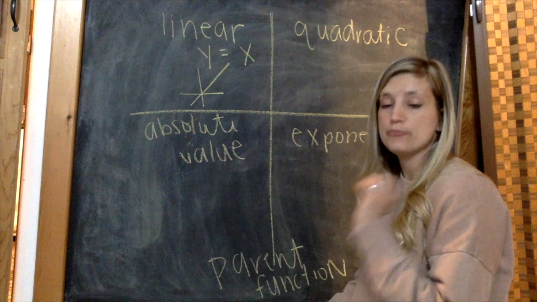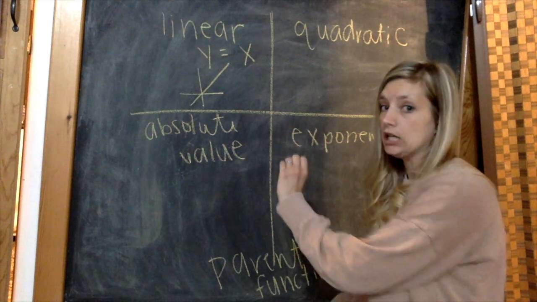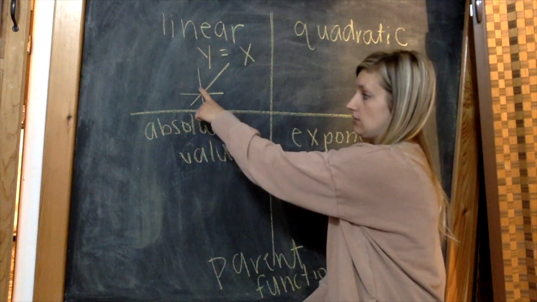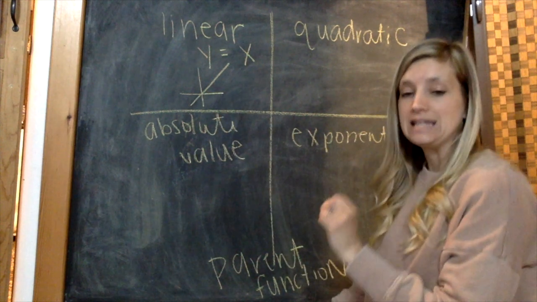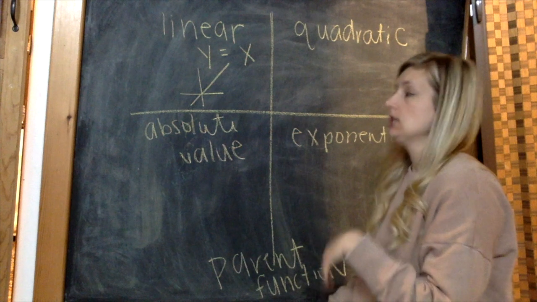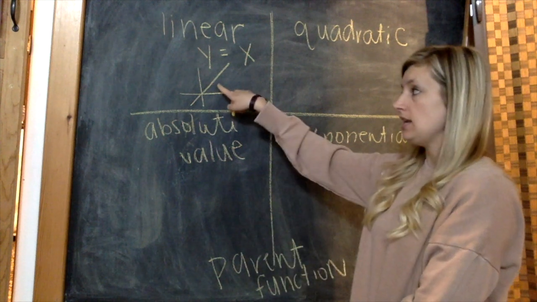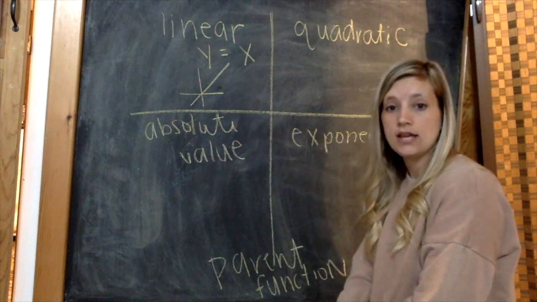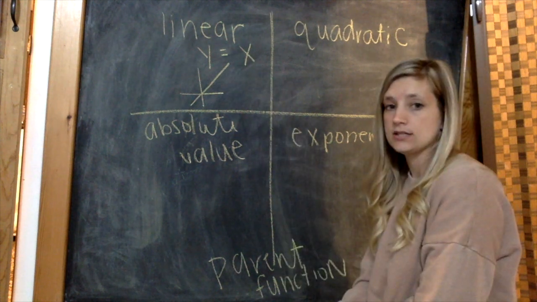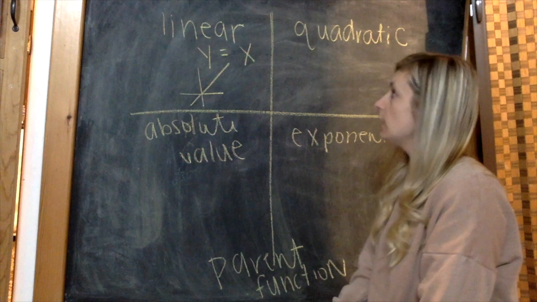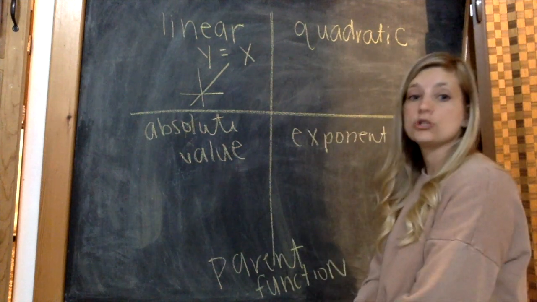Super basic, straight, linear line. Starts at 0, up 1, right 1. This is as basic as it can be. So if you see a graph that looks like this, can you say linear? Or can you say it's y equals x? I hope so.